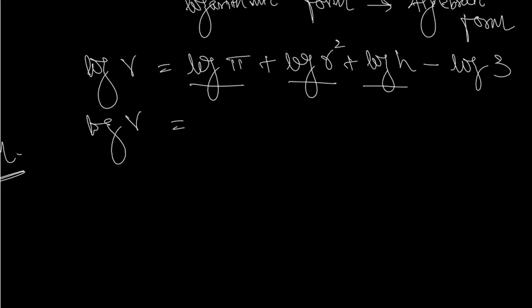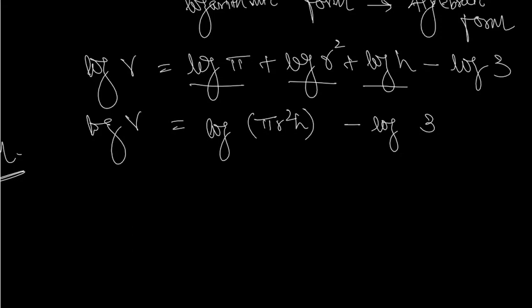If you have three numbers in addition with each other, and all those three numbers are in logarithmic form, then you can write log just once and take the product of those three numbers. So it'll be pi r square h, right, minus log 3. Now you must be wondering, where is the base? There is no need of base.